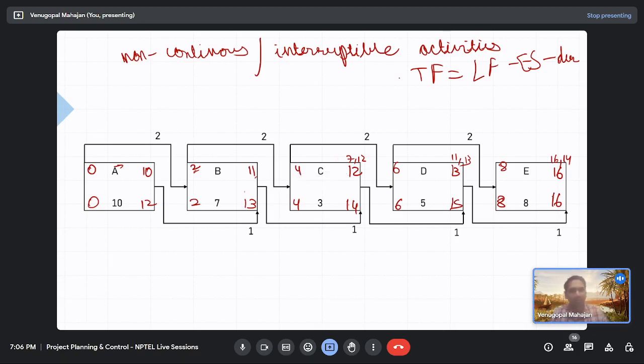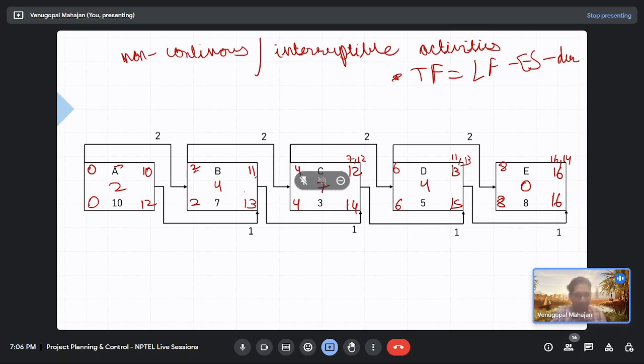So we'll be going by the basic formula. Now writing the total float in the center, 12 minus 10 minus 0, I mean 2. What about activity B? 13 minus 2 minus 7, 4. Right? What about activity C? 7. Activity D? 4. Activity E? 0. So you see that only one activity is completely critical.